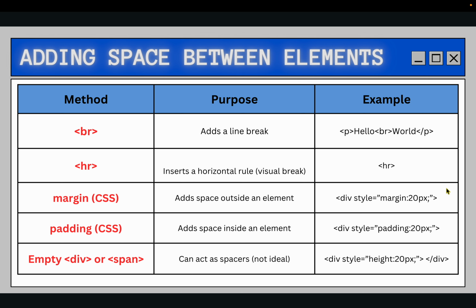So this table is giving you all of the information, but the actual examples of how they will be conducted are in the last column. And it's basically various ways you can add spacing in your document. So you will see that in the HTML tutorial video. But for right now, this is just information that you can come back to see how to add spacing between the elements in your HTML document.